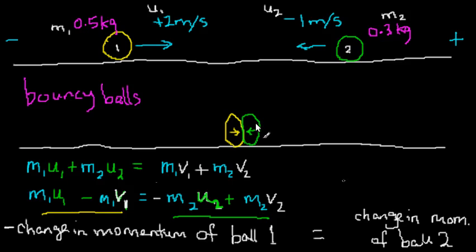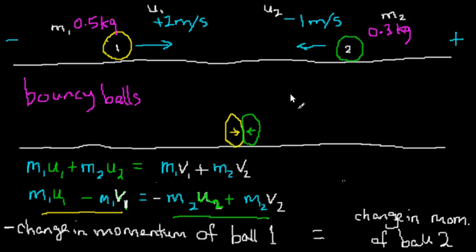When they were in contact, remember that there's this force from the yellow ball pushing on the green ball, and at the same time there is the equal and opposite force from the green ball pushing on the yellow ball. And it is this pushing force that causes the change in momentum. And we understand that from Newton's second law.